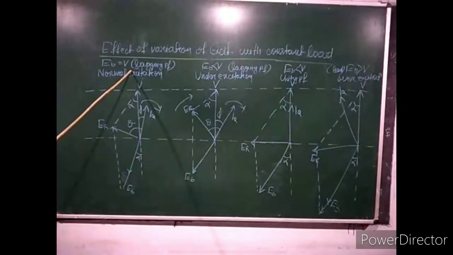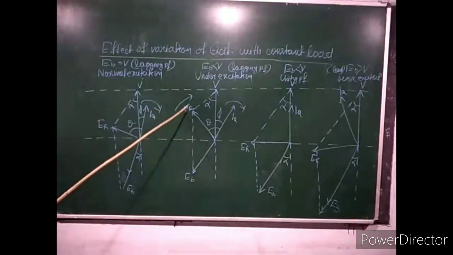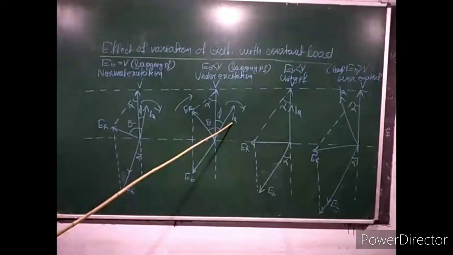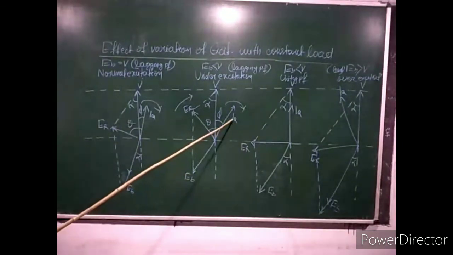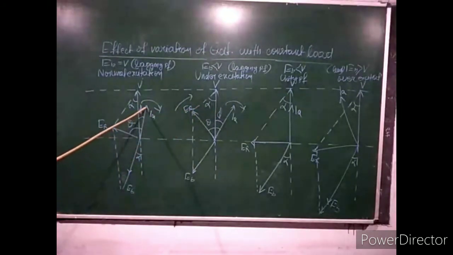The effect of increasing excitation is to turn the phasor of the resultant voltage and IA in the anti-clockwise direction, that is, the IA phasor comes closer to the applied voltage.